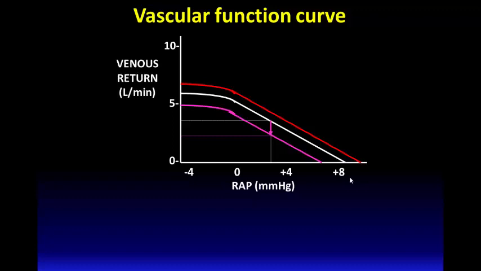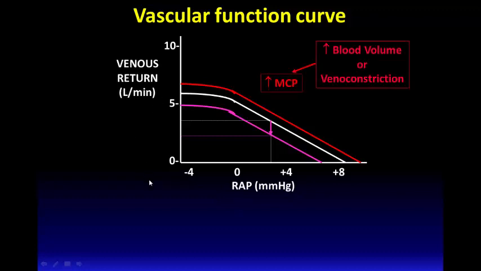Now let's describe the effects of changes in blood volume and changes in the venous capacity on the venous return curve. Here we have again the venous return curve, the vascular function curve, with the right atrial pressure on the x-axis and the venous return on the y-axis.